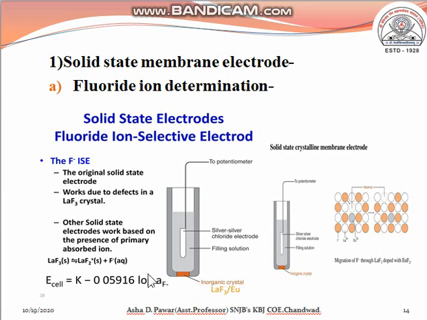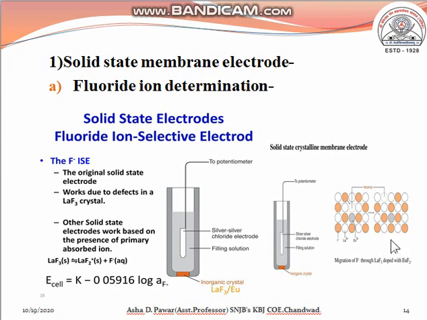This is the reaction that takes place, the lanthanum fluoride solid. Europium fluoride provides the hole to pass the fluoride ion, and there is ionization of this lanthanum fluoride. The fluoride ion passes through, and due to the difference in concentration of fluoride ion outside and inside of the membrane, a potential develops, and that potential depends upon the concentration of fluoride ion in the solution.